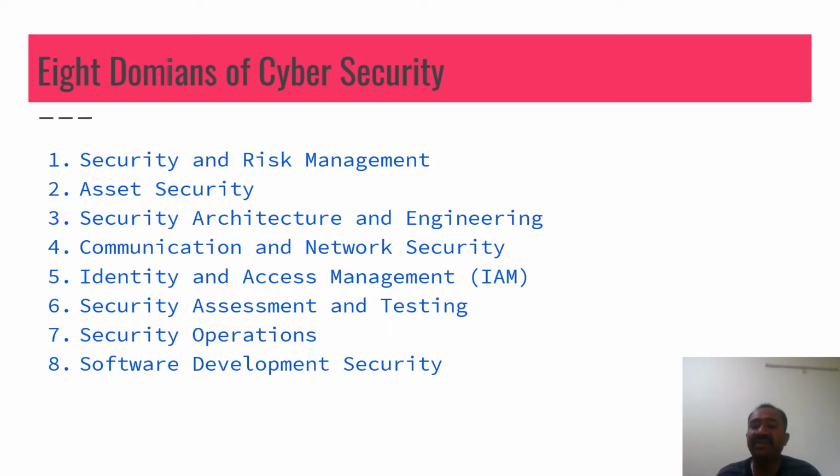Fifth domain, identity and access management. The sixth domain, the security assessment and testing. Seventh domain, the security operations. And eighth domain, software development security. So these are all the 8 domains of cybersecurity. This needs to be studied in detail to understand the various security concepts.